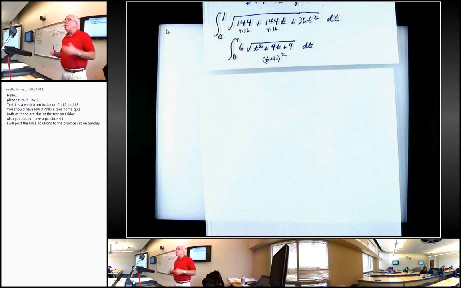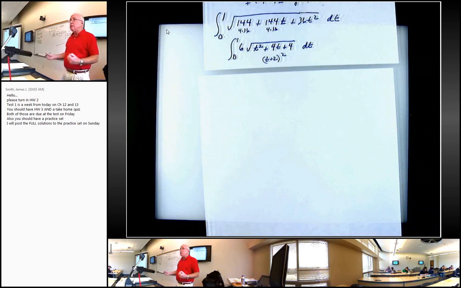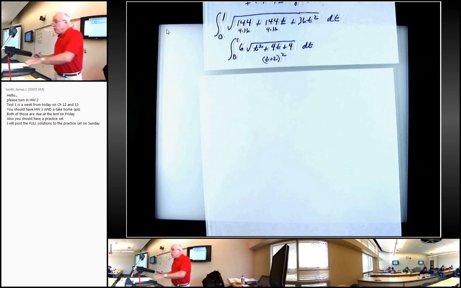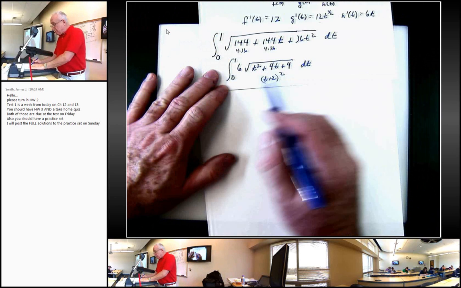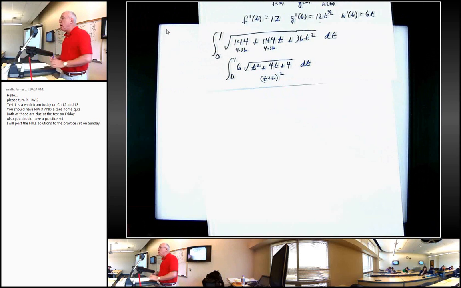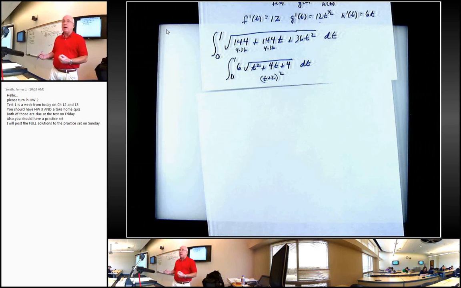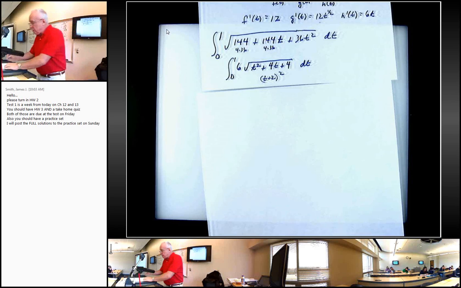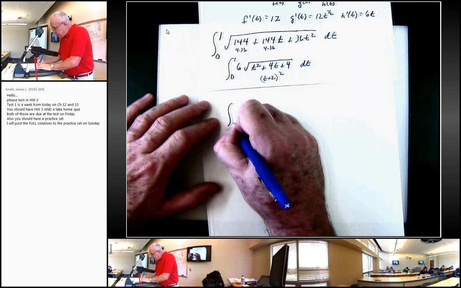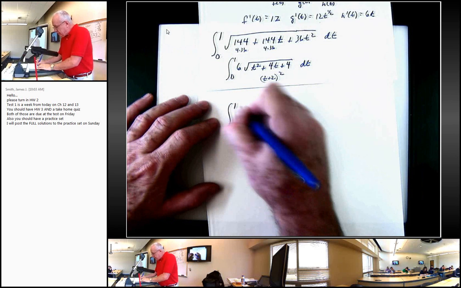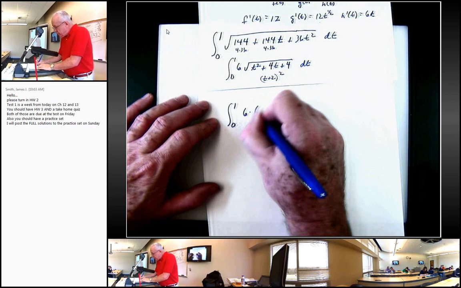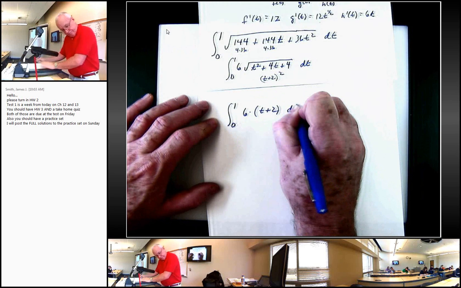We're doing the square root of that, so we just end up with t plus 2. Notice here we're only talking about t going from 0 to 1, so we're going to have a nice positive number underneath there. So this is going to give me the integral from 0 to 1 of 6 times just plain old t plus 2.